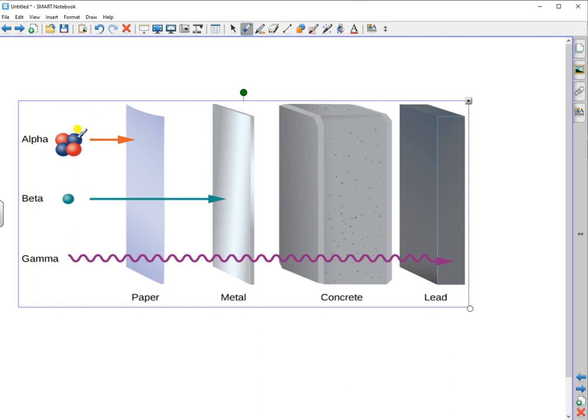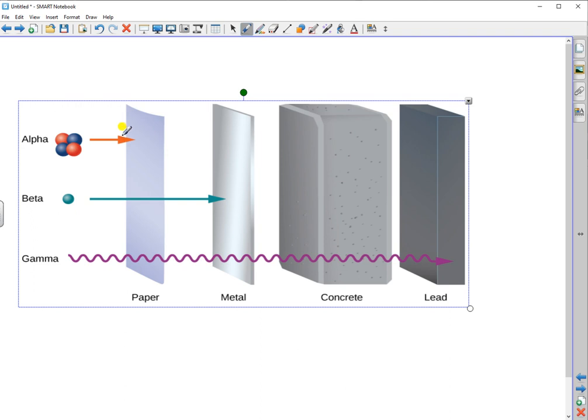Now because the alpha particle is physically large and it's got a +2 charge, it's going to interact with the matter inside the paper. It's going to attract the atoms in the paper to it, it's going to collide with atoms in the paper, and therefore the paper can stop it.